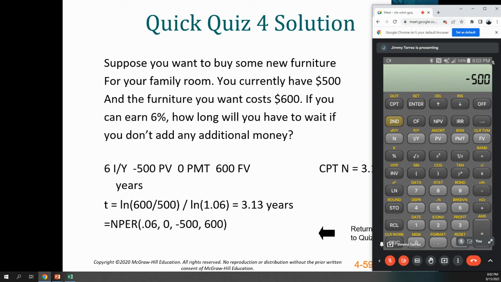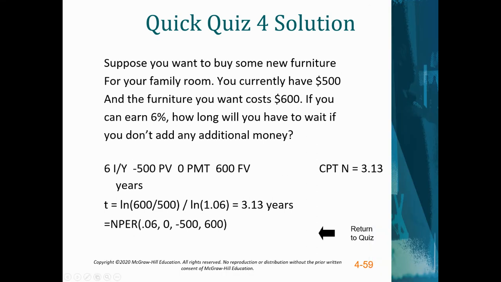I'm going to go ahead and make that negative, so it's my outflow. PV, enter. PMT is 0, we know that. And my future value, I need $600 to buy that. 600 future value, enter. And now I want to compute N. That gives me 3.13.